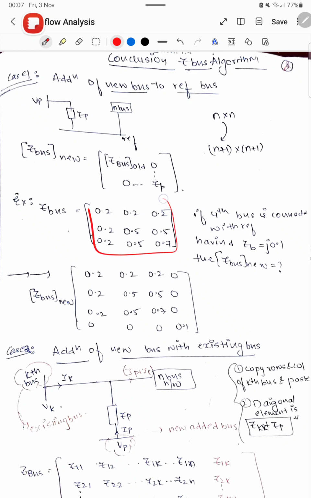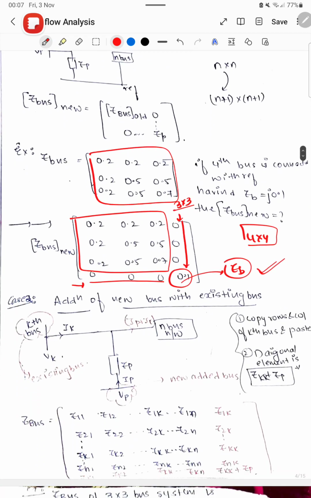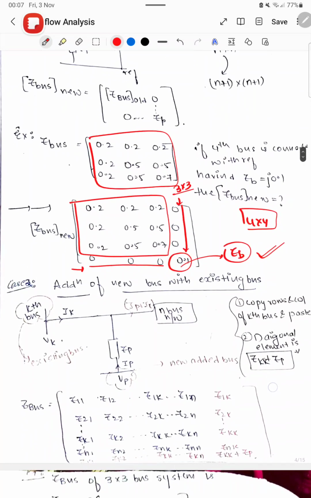Your z old remains the same. Your z new dimension is 4 by 4. In that, your z old, which was 3 by 3, remains as it is. In the fourth row and fourth column you will add all zeros except z44. Z44 will be replaced by zb, which is the impedance of the added bus.